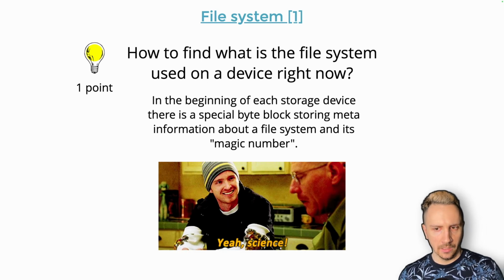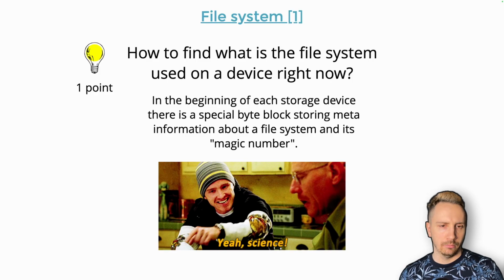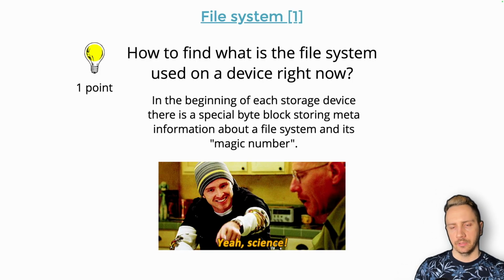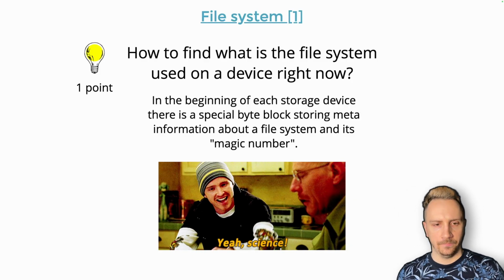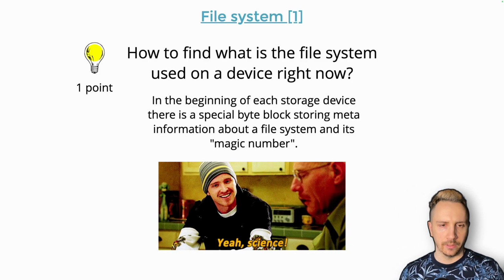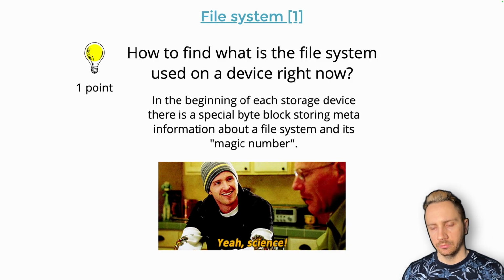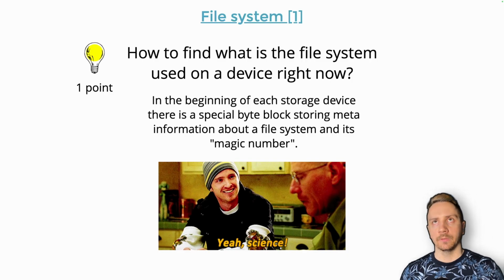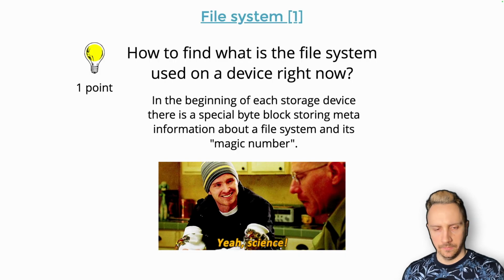Then the kernel potentially could just read this control block at the 0 offset of the device, like the first bytes of the device represented as an array of bytes, parse it and then understand what file system it is. And most likely it will even be able to work with this file system if it's something that the kernel supports out of the box. And this thing actually exists.